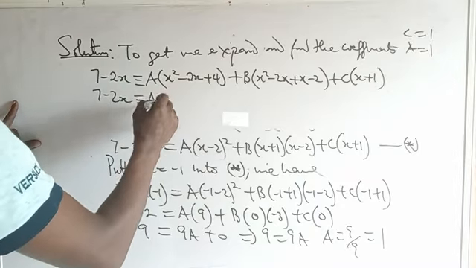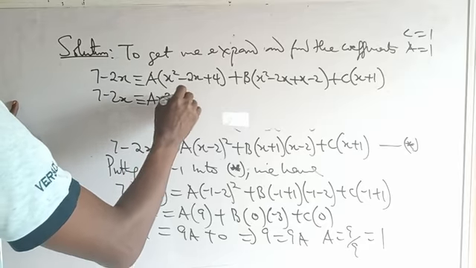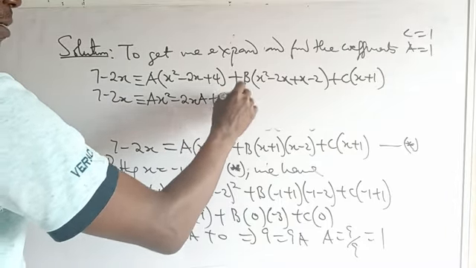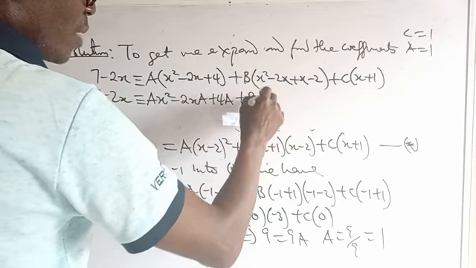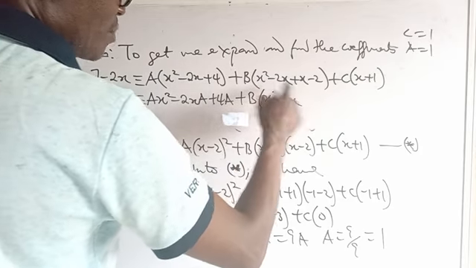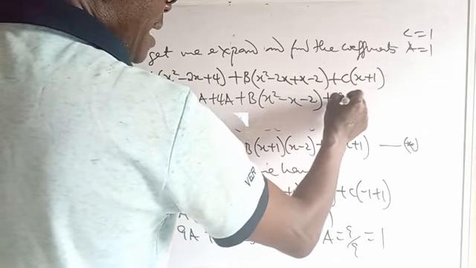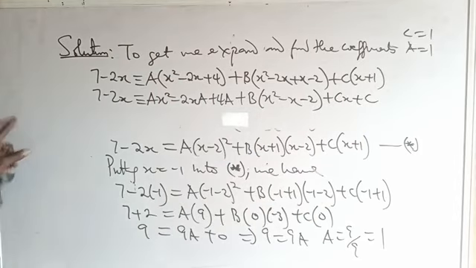We have a x squared minus 2xa plus 4a, plus b times (x squared minus x, because minus 2x plus x is minus x, minus 2), plus cx plus c. Let's expand that directly.